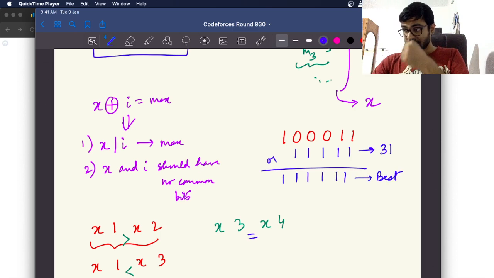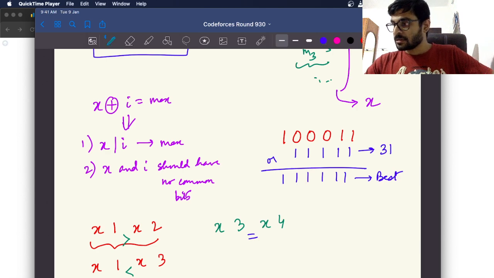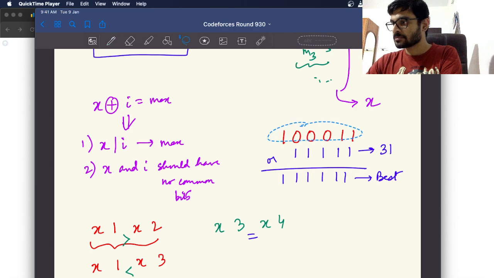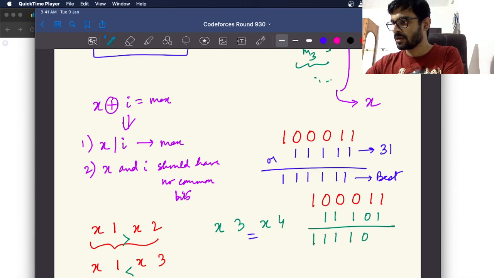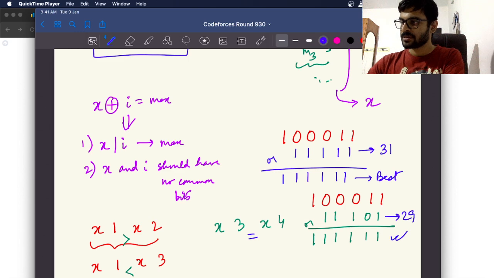If we do the same thing with 31 minus 2, that is 29, which is 11101, then basically we get 1 1 1 1 1 1, because I'm doing OR. So you can see for 31 as well as for 29 I'm getting the same answer. Now what is the best?